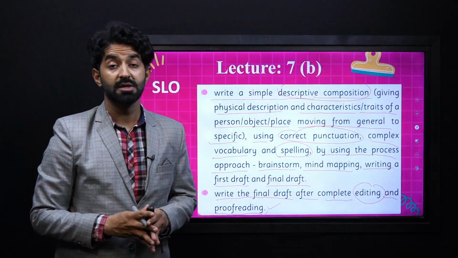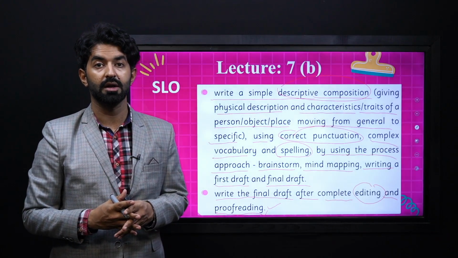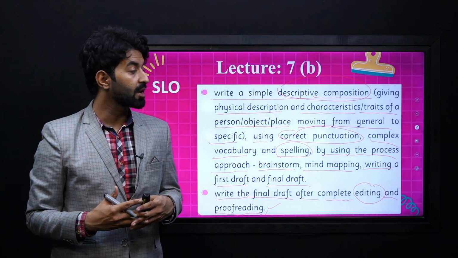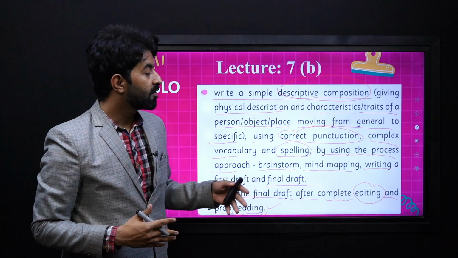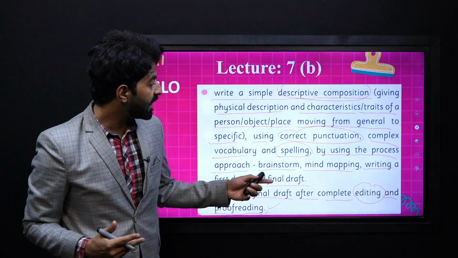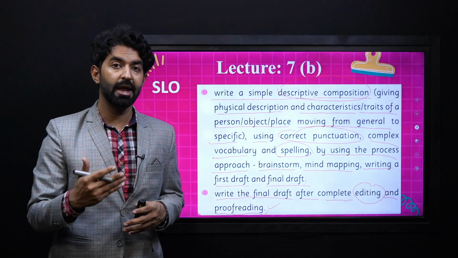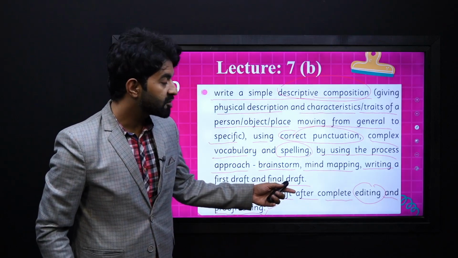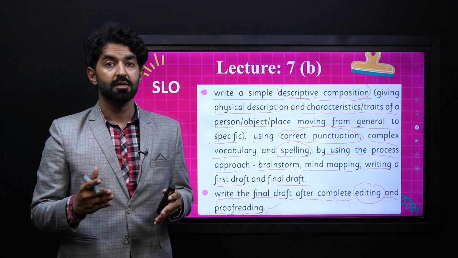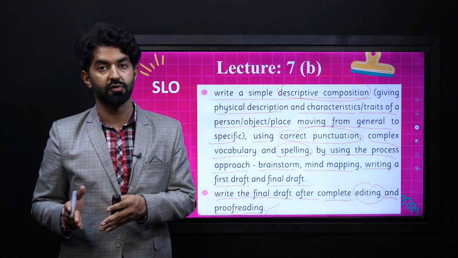Now, since this is about writing and specifically writing in a descriptive way or descriptive composition, we will be looking at all these things mentioned, giving physical descriptions of person, place, thing or anything, and then we will also be looking for correct punctuation, spelling, and also the process approach of writing, which you are already familiar with, that it has 3 steps: pre-writing, drafting, and post-writing.